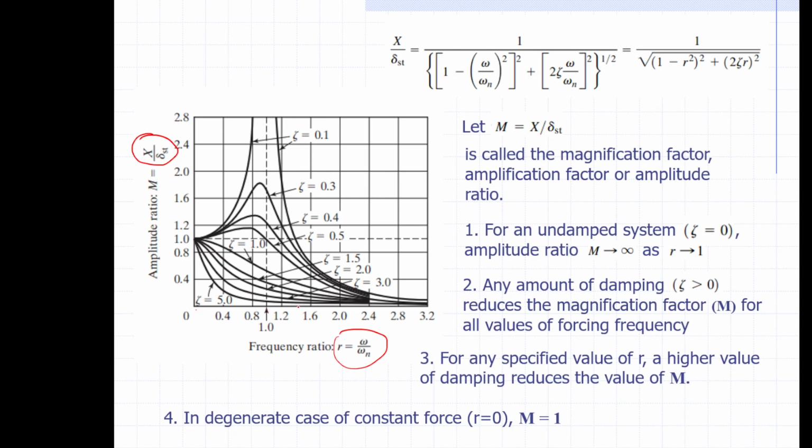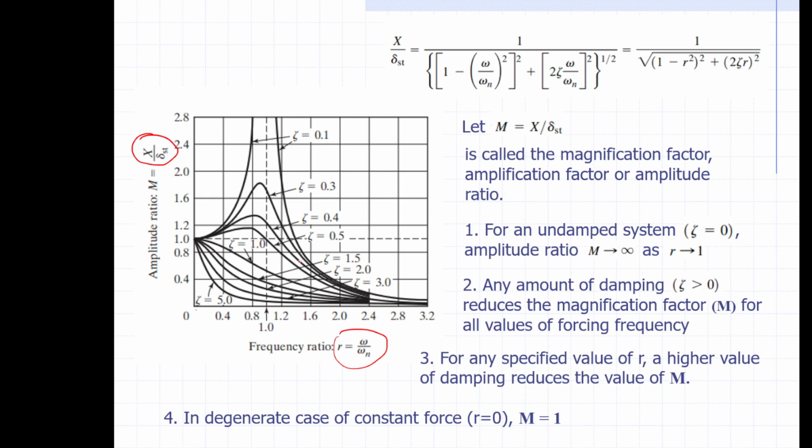And when the frequency ratio is larger than 1, at a large damping ratio the curve is still lower. But if the damping ratio is small, which means the damper is not so strong, the system is like you have just mass and spring.